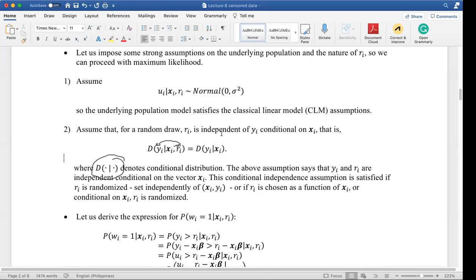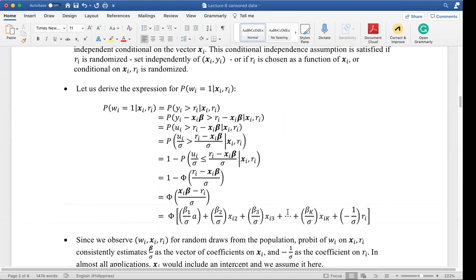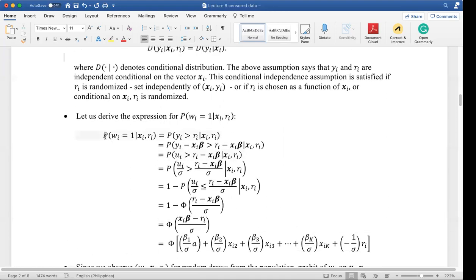Okay. So we impose the condition that R sub I is independent of Y sub I, which is the willingness to pay. Let us derive the expression for the probability that W sub I, the indicator function, is equal to 1 given X sub I, R sub I. So X sub I, R sub I would be appearing on our right hand side.